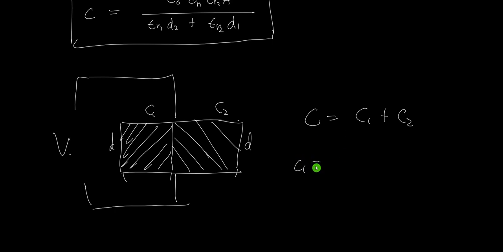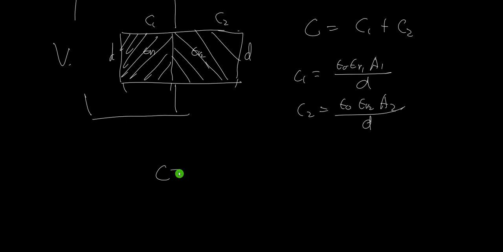So if you solve, C1 will be equal to epsilon naught epsilon R1, this is epsilon R1, this is epsilon R2, you multiply it with A1 all over D, the same D. For C2, epsilon naught epsilon R2, area 2 all over D. So if we add that, our formula now, C will be equal to, we have our common D, and we can factor out the common epsilon naught and D. Epsilon naught all over D, and you need to multiply this with epsilon R1 times area 1 plus epsilon R2 times area 2.